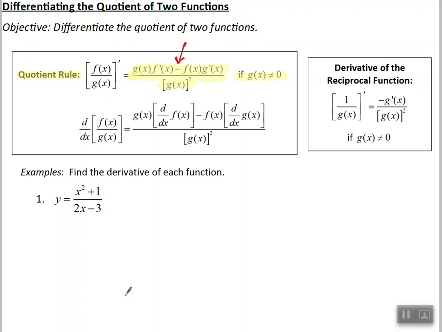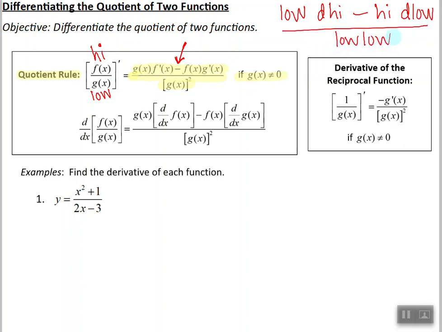For fun, and because there's a neat little song that goes with it, if we think about f of x, the function in the numerator, as the high function, and the function in the denominator as the low function, then our quotient rule looks like low, d for derivative, high, minus high, d for derivative, low, over low, low.